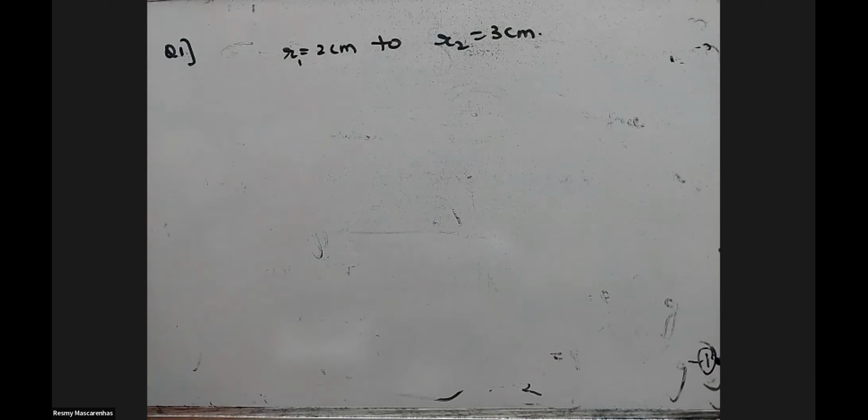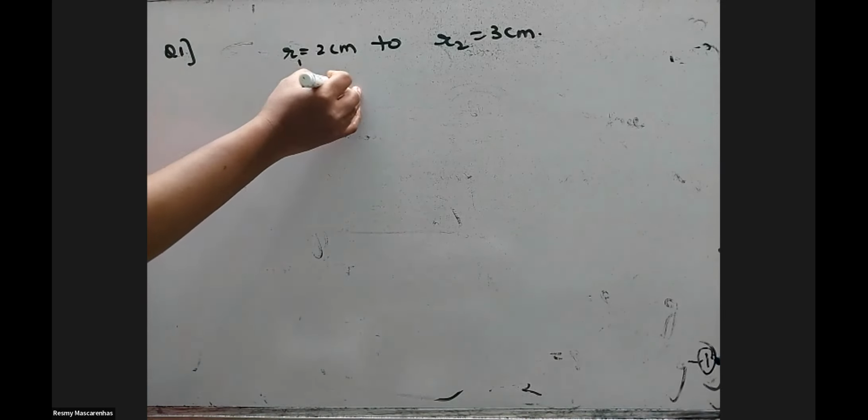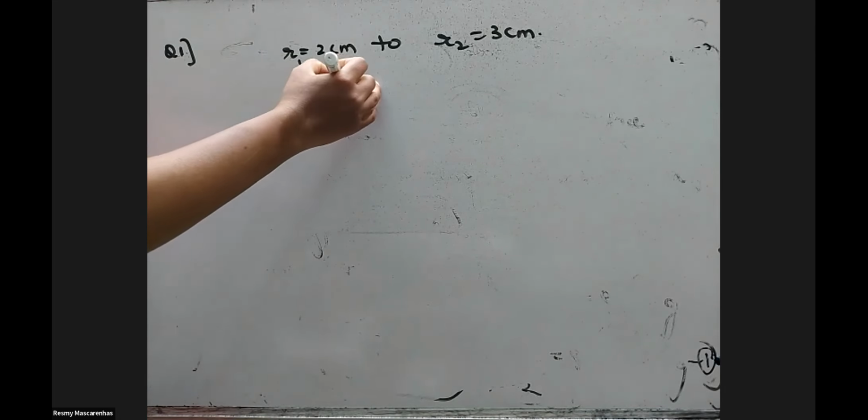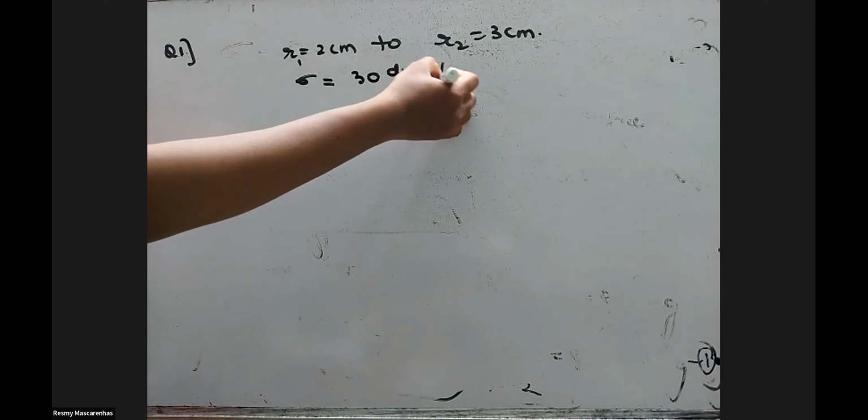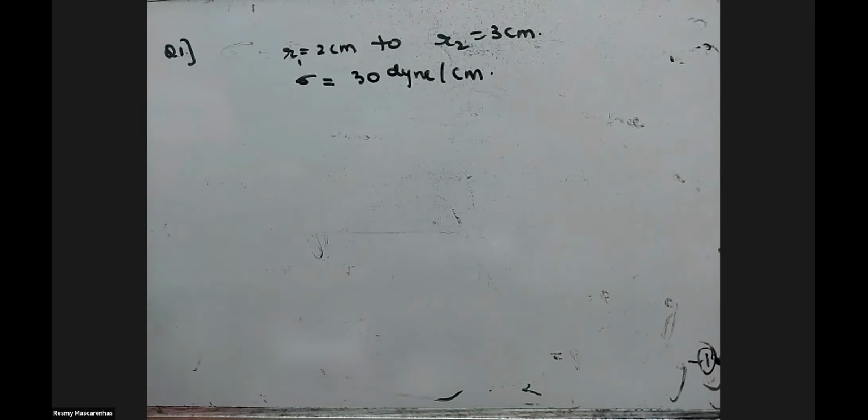Calculate the work done. And what else has been given? Surface tension has been given. That is given as 30 dyne per centimeter. We are solving problems from page number 6.